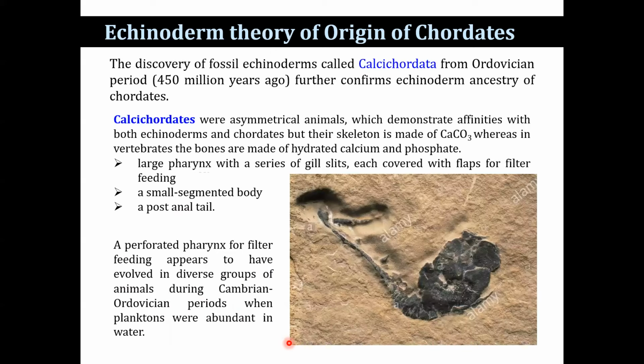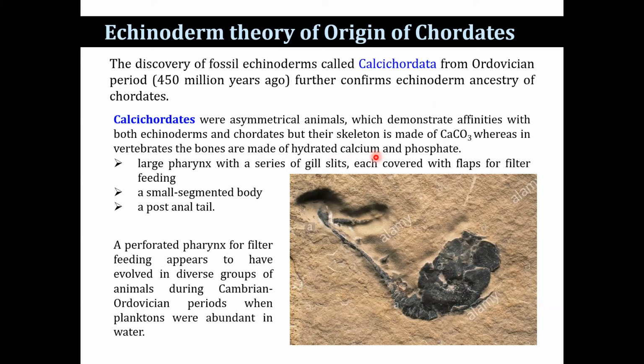The discovery of the fossil echinoderms called calcichordates from the Ordovician period, approximately 450 million years ago, further confirms echinoderm ancestry of the chordates. Calcichordates were asymmetrical animals which demonstrate affinity with both echinoderms and chordates, but their skeleton is made up of calcium carbonate, whereas in vertebrates, the bones are made up of hydrated calcium phosphate.